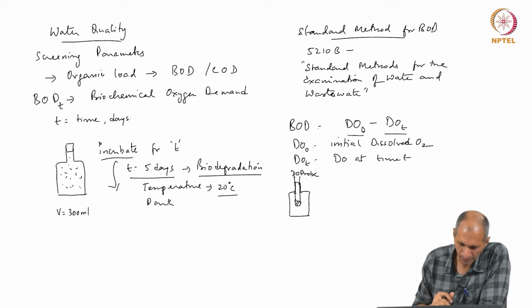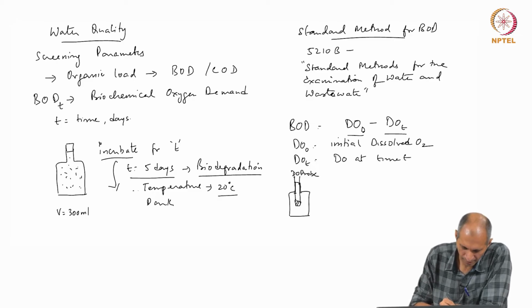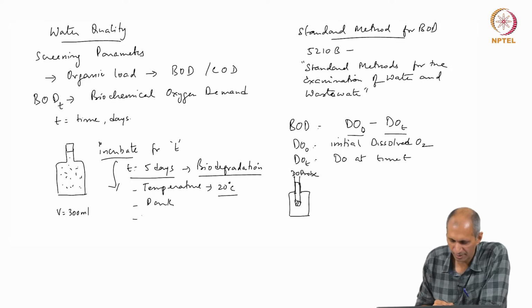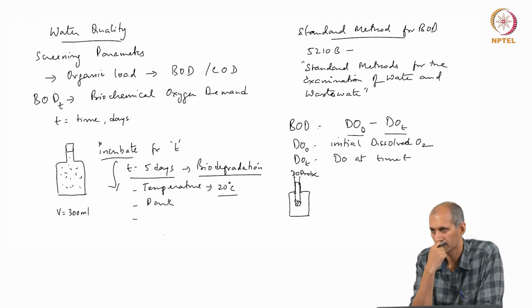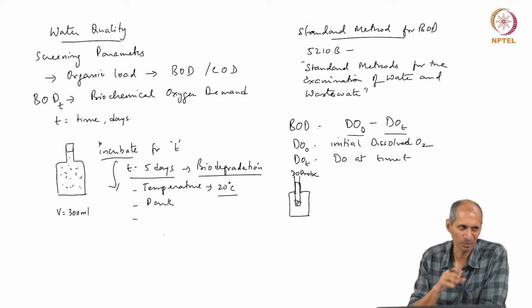The third factor that influences the results for BOD is, what if you do not see any change, or you see very small change? What could it mean? Two possibilities.